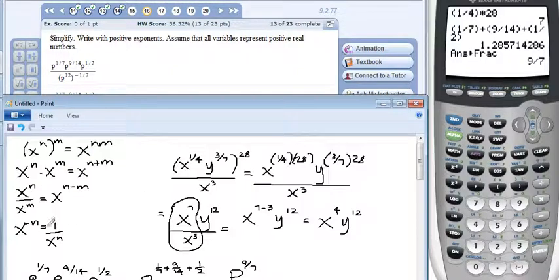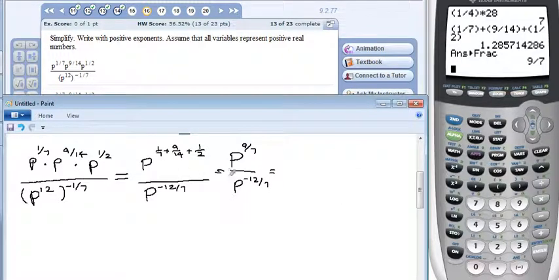Okay, one rule that I didn't write on here was the reverse of this one, that if I have a negative underneath, it jumps up to the positive on the top. So that's what I'll do here. So I have P to the 9/7 here times P to the 12/7, which becomes positive. Okay, so this negative jumps up to that level, becomes a positive.